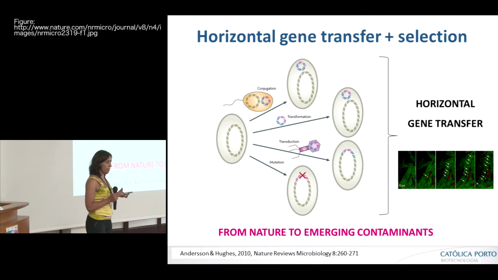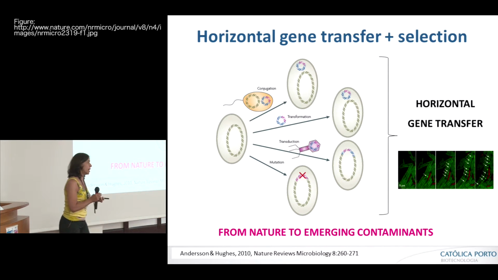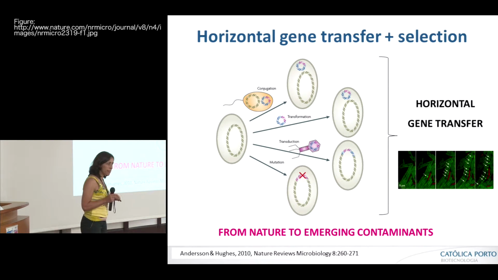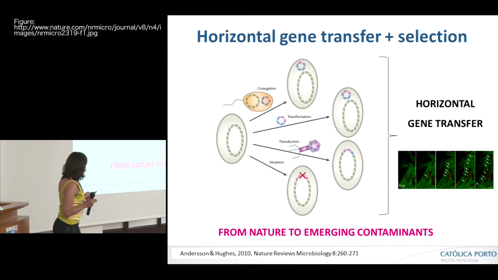Another very important process is selection. When bacteria are under the pressure of antibiotics, only those that are resistant will survive and the others will die. These are the major mechanisms that happen whenever we have antibiotics and resistant bacteria together.